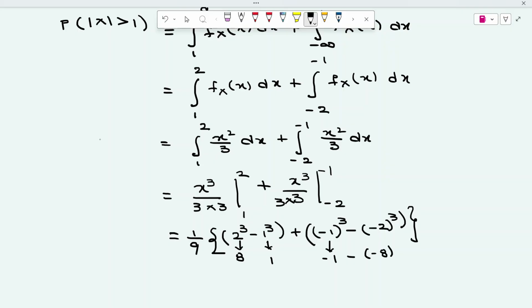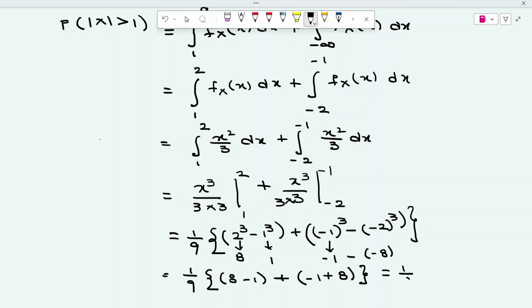So now if you substitute, it will be 1 by 9 into 8 minus 1 plus, so this is minus 1 and this is minus of minus 8, which will be plus 8.